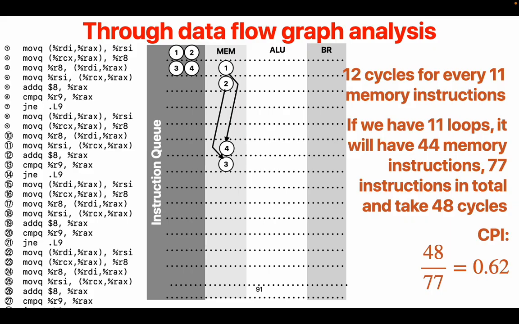But now, the next cycle, I can get 5 and 6 in. At this moment, who can I put into execution next cycle? 5, right? Remember, previously, if I didn't have 5 being fetched here, I wouldn't be able to execute 5. So you see that's the effectiveness of fetching multiple instructions at the same time.